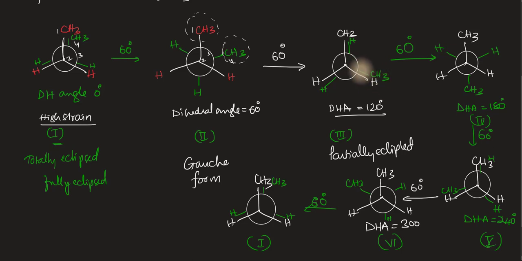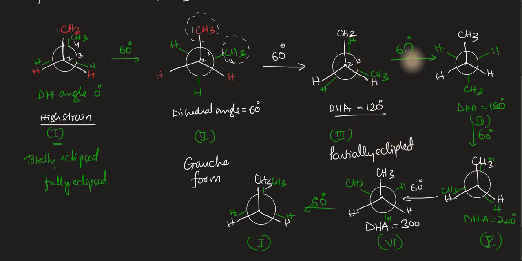So this is C2 and this is C3. Of course, steric interaction is much less compared to the totally eclipsed condition. But here there is a high torsional strain because the bond pair electrons of the CH bond here and the C-CH3 bond here are close by.